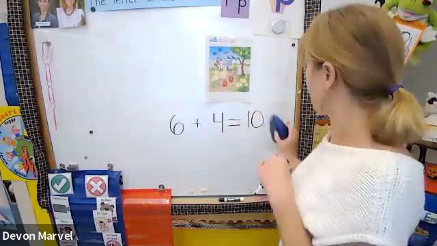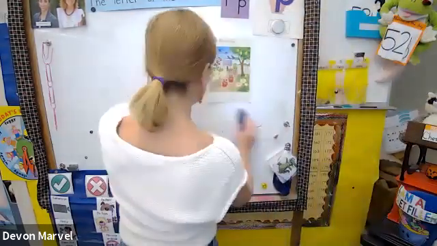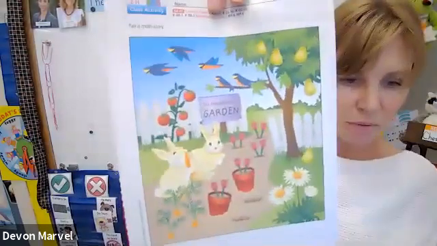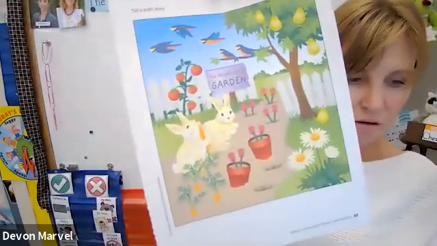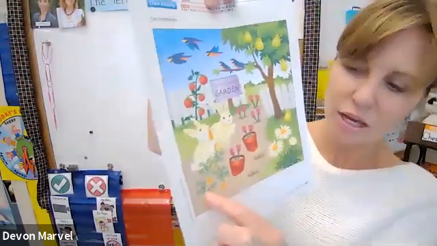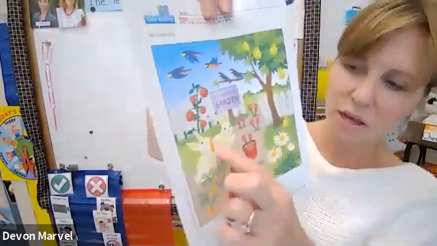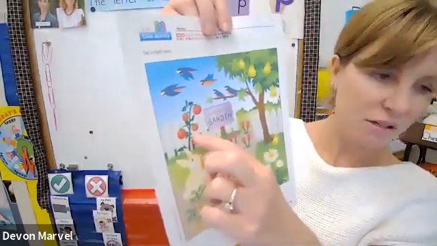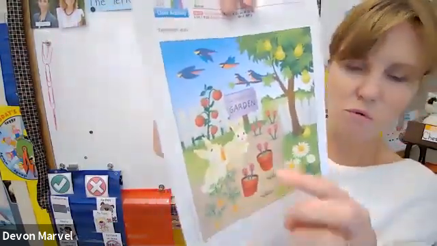Okay, how about we focus on, what else could we focus on? Oh, there's some daisies. There's some carrots. We could count bunnies. We could count tomatoes or the birds.